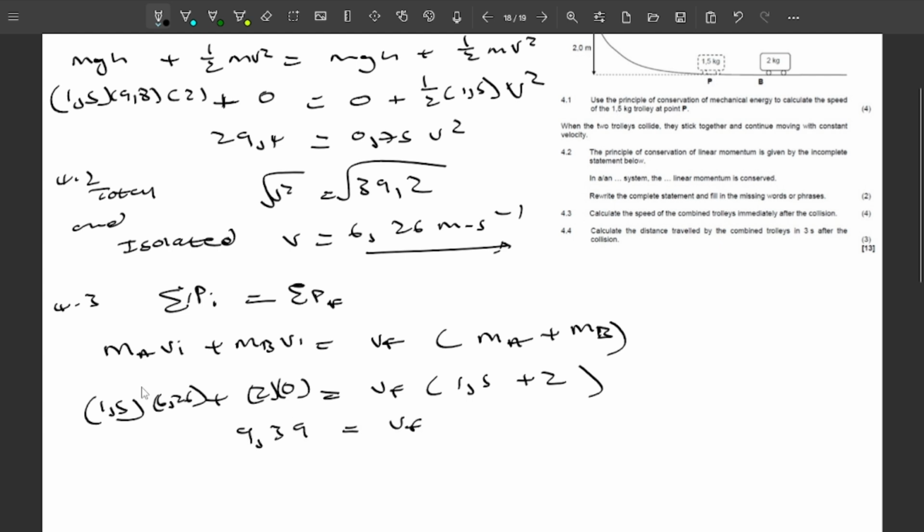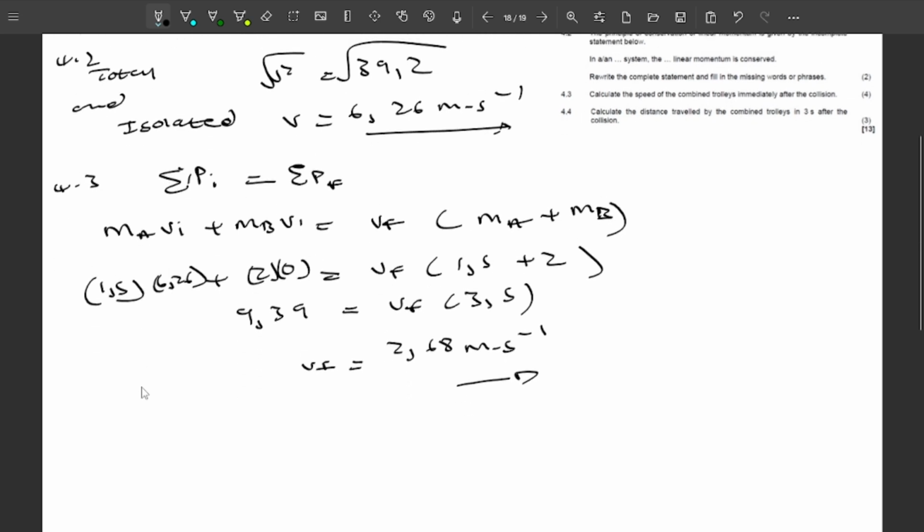The VF multiplied by 1.5 plus 2 is 3.5. Then our VF, dividing both sides by 3.5, you should get 2.68 meters per second. This is not acceleration, by the way, it's velocity.